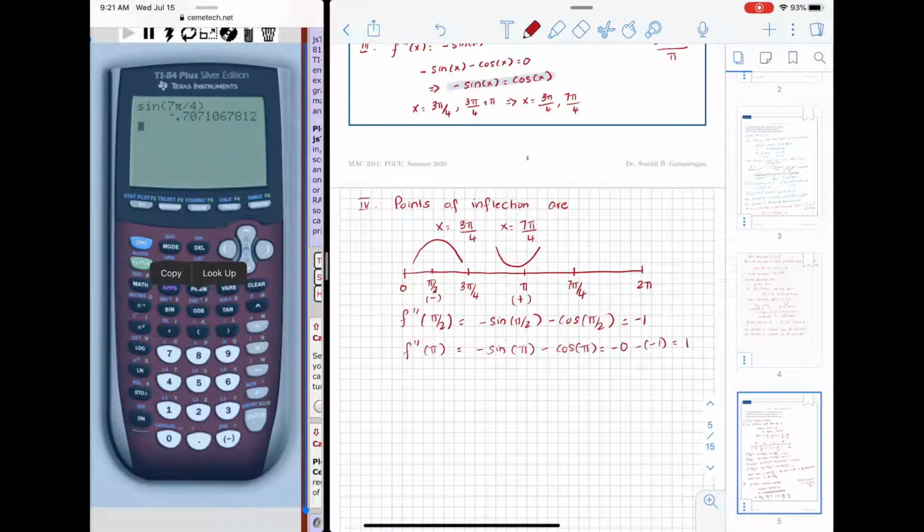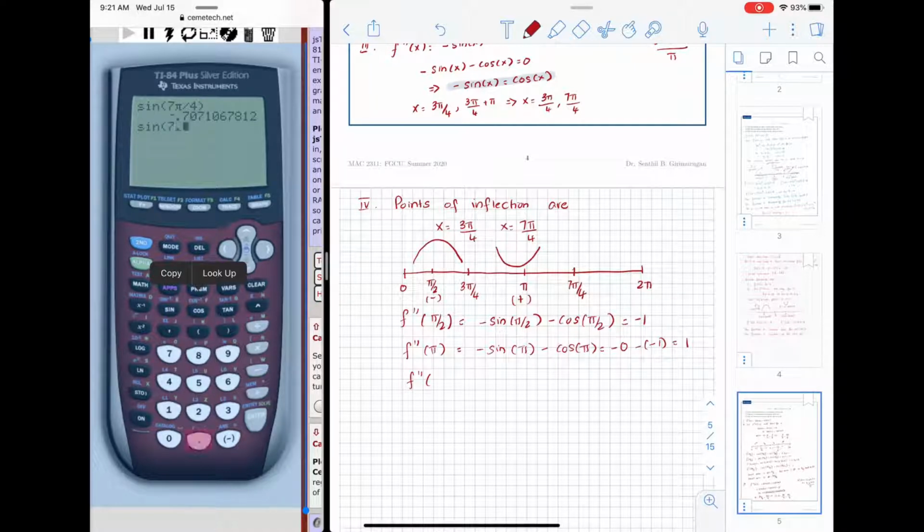And between 7 pi over 4 and 2 pi, we need a number, so I'll simply pick 7.5 pi over 4, it's easier.